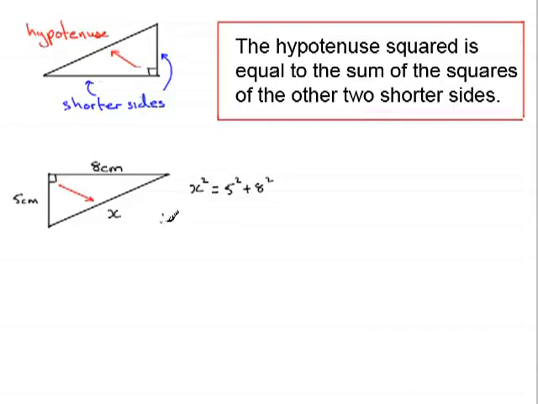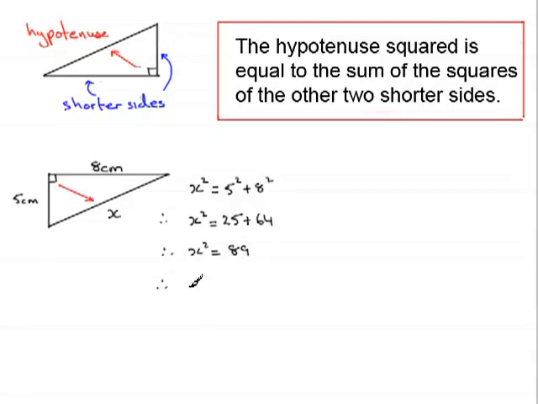So therefore, what I have is that x squared equals 5 squared, which is 5 times 5, which we know is 25, plus 8 squared, that's 8 8s, are 64. And if I add those two numbers together, 25 and 64, it comes to 89. Now to get x, what I need to do is to take the square root of both sides.